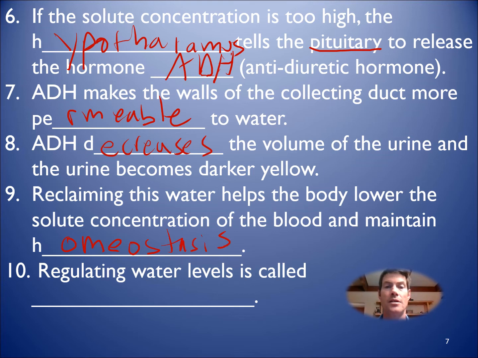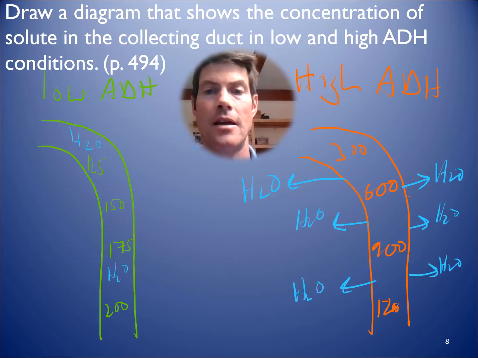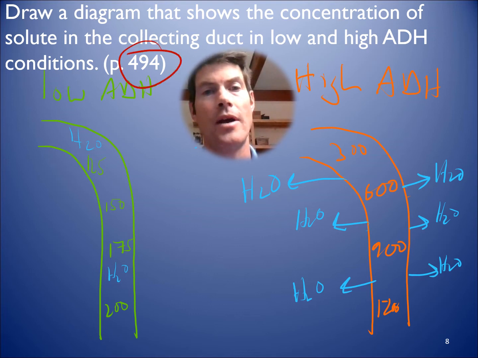And this regulation of water has this fancy word, osmoregulation. Okay, so osmoregulation is a balancing act your kidney is responsible for. And here you should try to get something similar to this. 494, you have this diagram. But low ADH, you see these concentration numbers, 125, 150, 175.